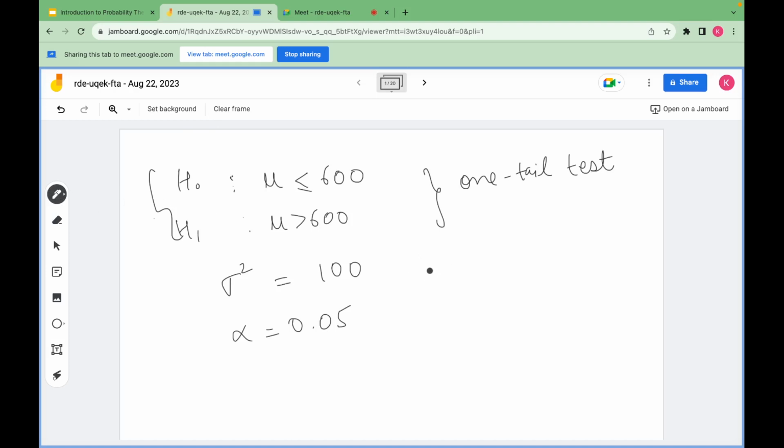In hypothesis testing, we will first calculate a test statistic based on the given data.